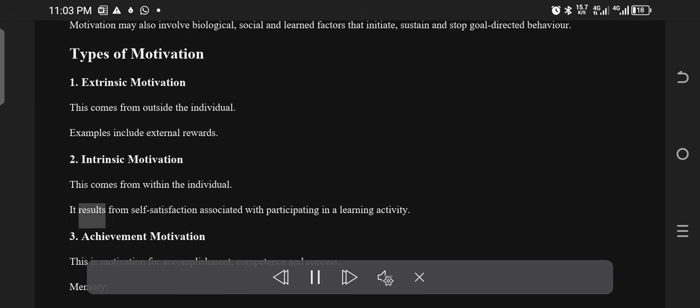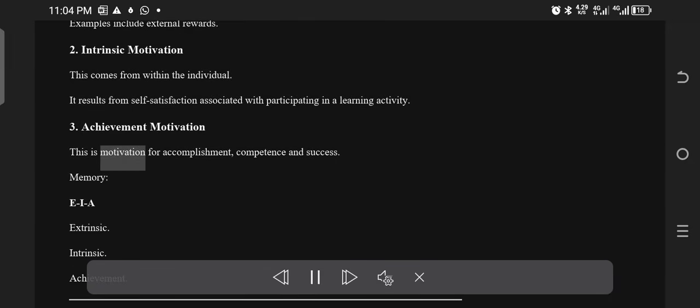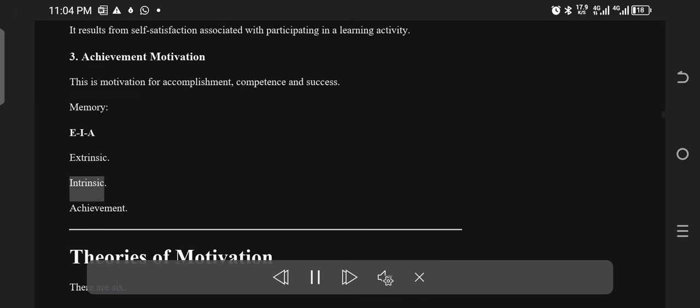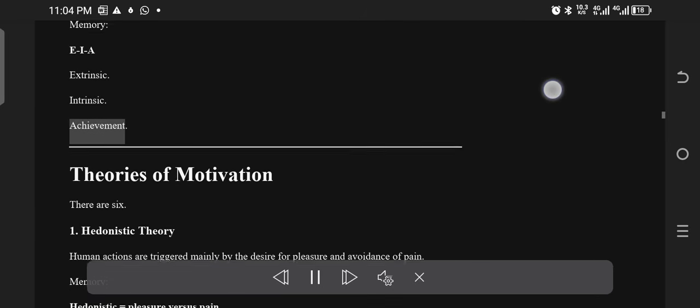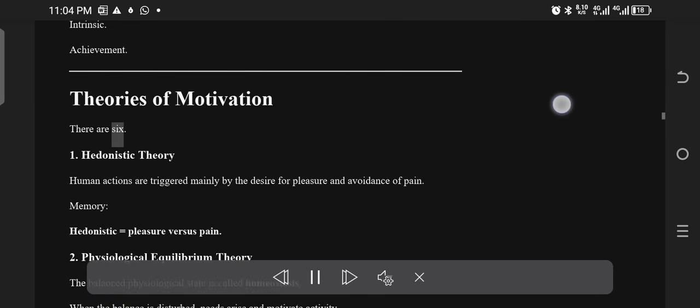It results from self-satisfaction associated with participating in a learning activity. 3. Achievement motivation. This is motivation for accomplishment, competence, and success. Memory: EIA. Extrinsic. Intrinsic. Achievement.